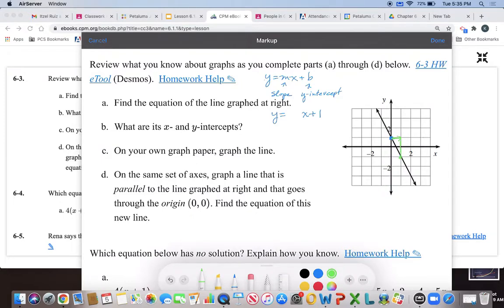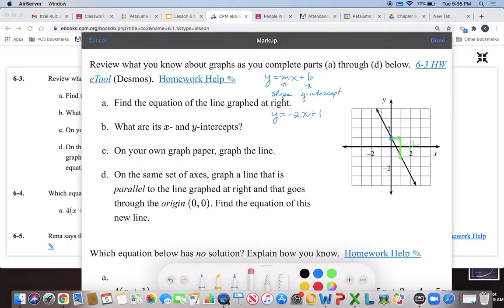So there's our slope triangle, and it looks like to get down to the line again, we have to have a -2. So for every increase in x, we have to go down 2 on the y-axis. So our slope is going to be -2. So let's write that in now. All right, so that's our equation for the line. We have the slope right here, and we have the y-intercept right there.